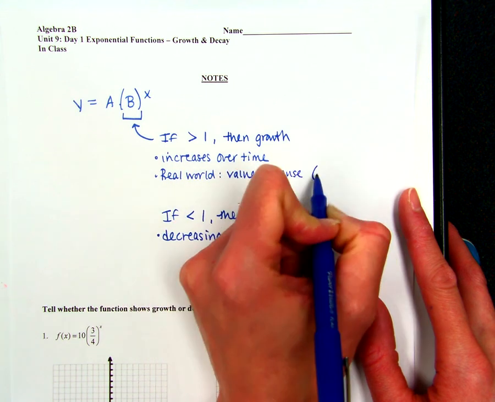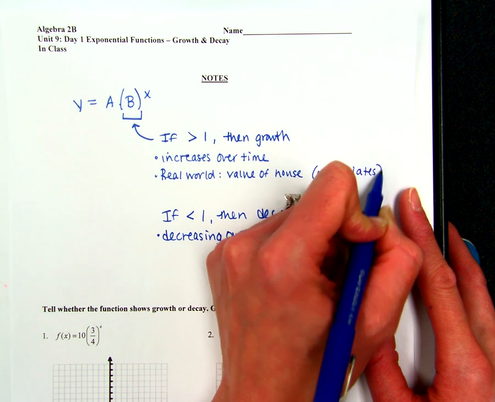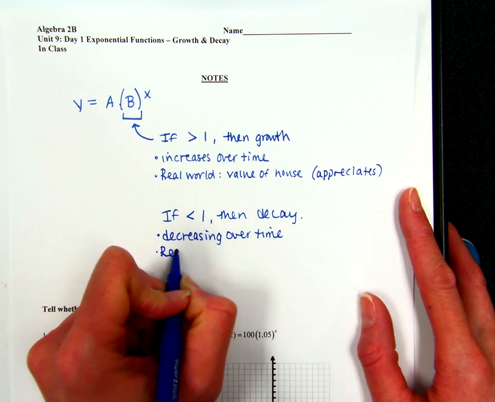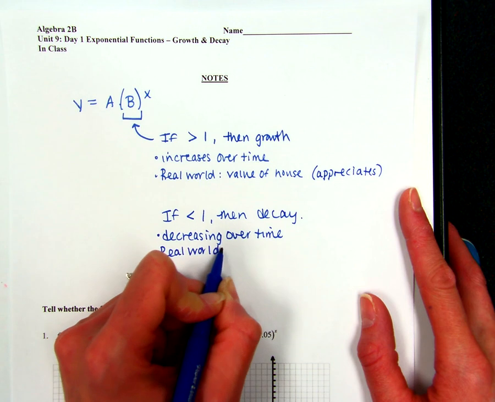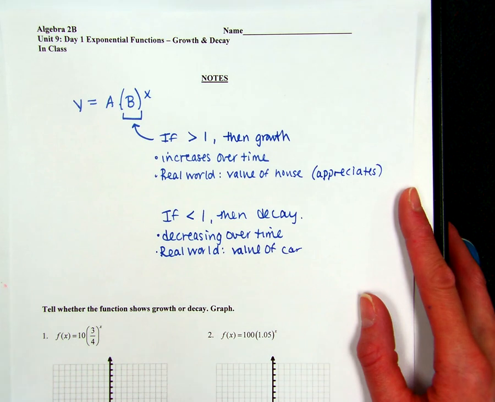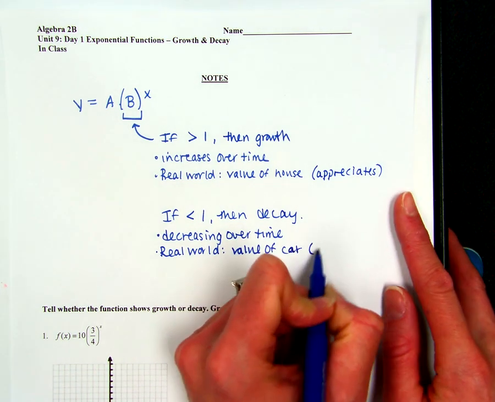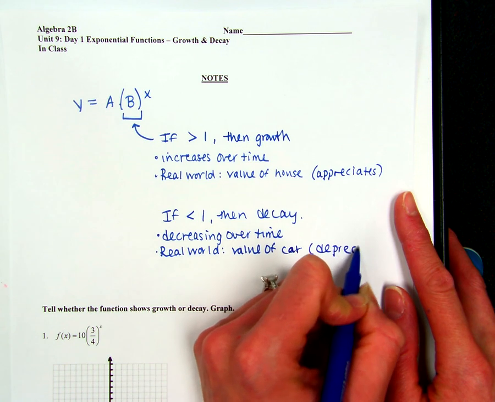Sometimes they refer to that as appreciates. In the real world, something that decreases over time would be the value of a car. Once you buy a car and you try to sell it a couple years later, you can't get nearly as much as what you paid for it. So that is called depreciates.